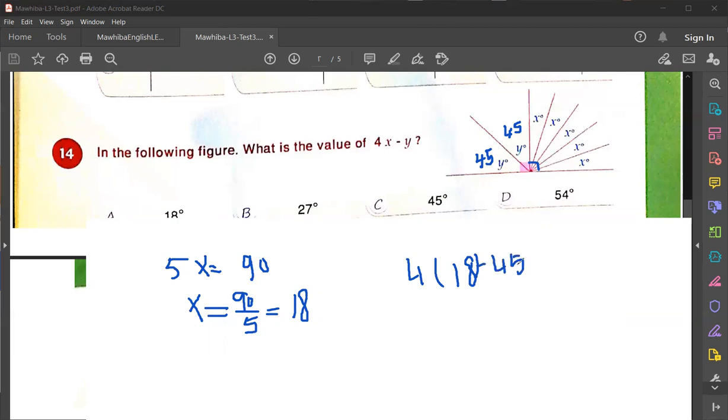Then you can find the answer. What is the answer here? 4 times 18 is 72, minus 45. What is the answer? It is 27, right? Good, Al-Hassan. Right, the answer is 27.